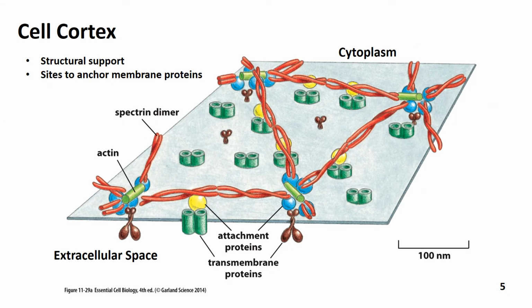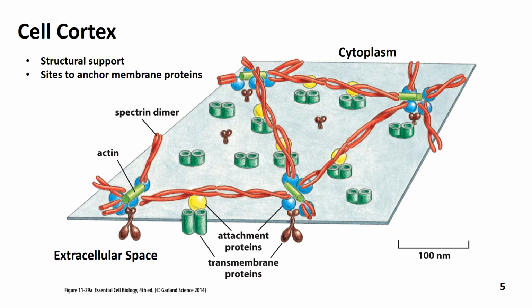Regardless of how the proteins associate with biologic membranes, there are a number of proteins that do associate with the membrane on the cytoplasmic side of the membrane. That combination of proteins that sort of line up or underlie the cell membrane on the cytoplasmic face are referred to as the cell cortex.